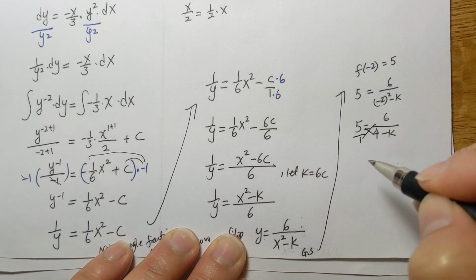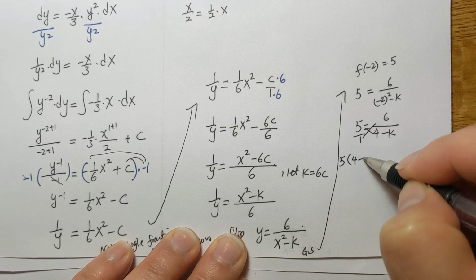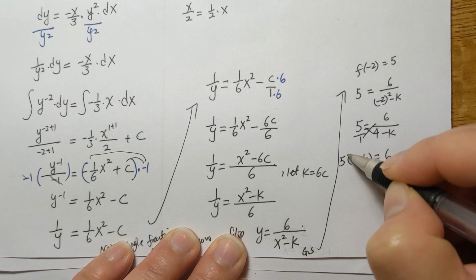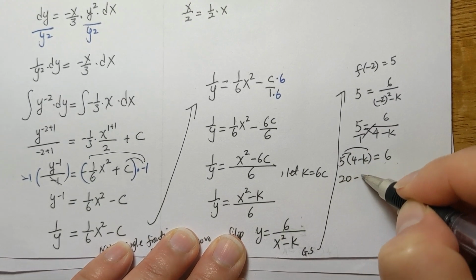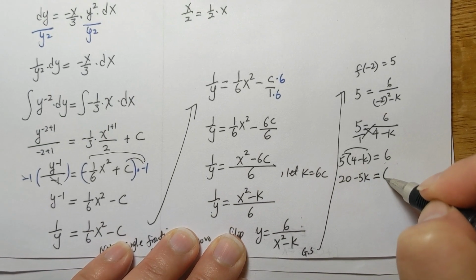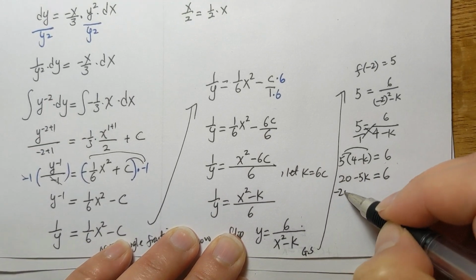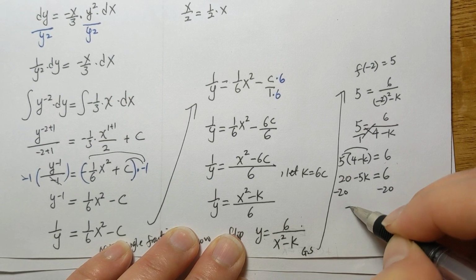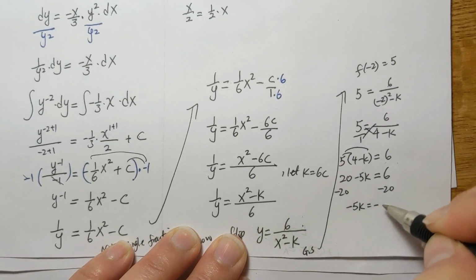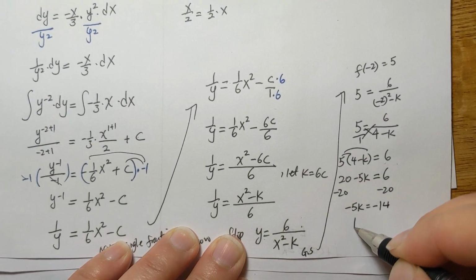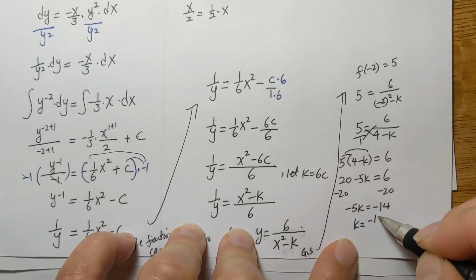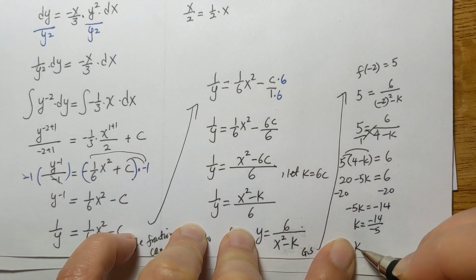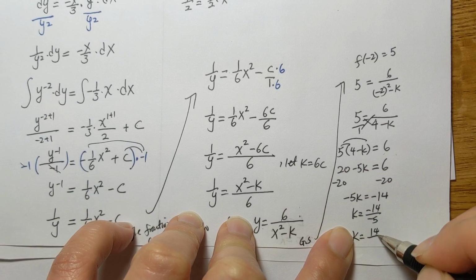And then we cross multiply. 5 times 4 minus k equal to 6. So I get 20 minus 5k equal to 6. Minus 20. Negative 5k equal to -14. And k equal to -14 over -5. That means k is 14 over 5.